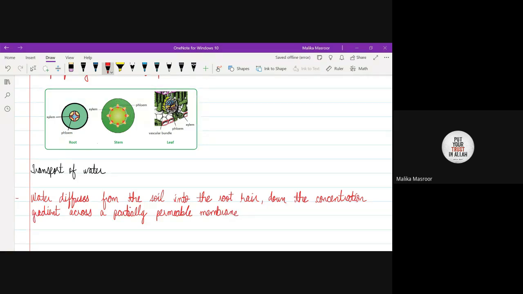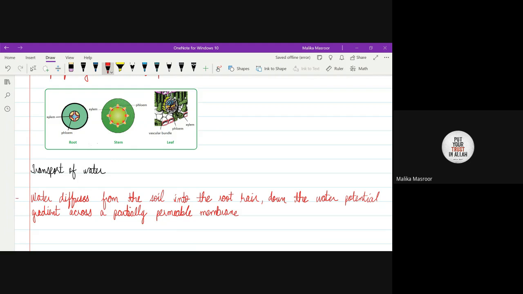It is also called the water potential gradient. Let's just change it and say water potential, because we talked about water potential. Or you can also call it concentration. The reason I wrote concentration is that your roots have minerals as well, and soil also has minerals.